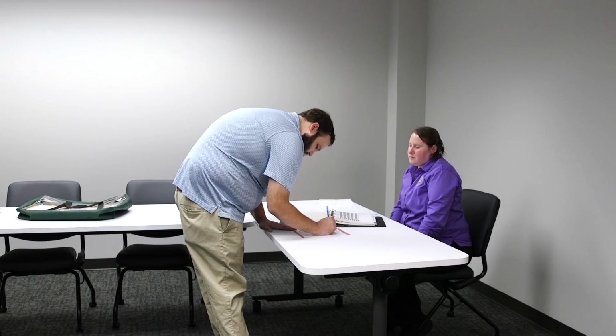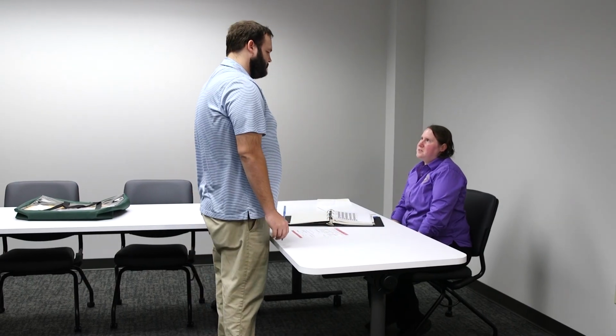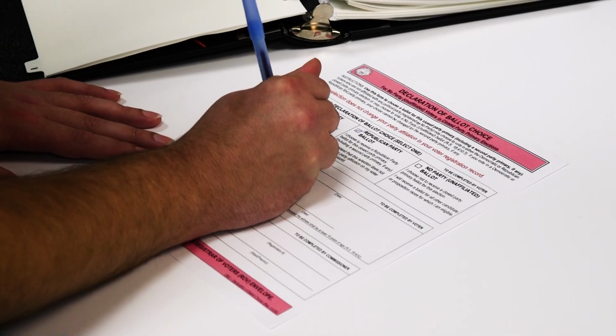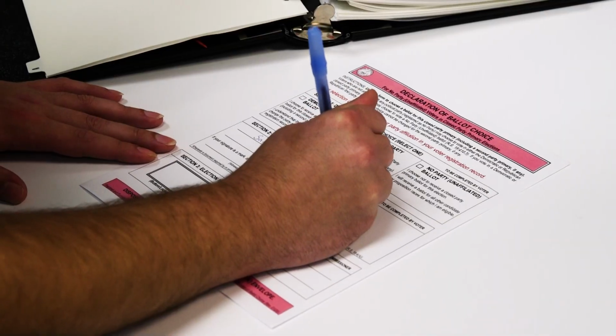The voter will have to make his or her ballot choice in Section 1 of the form. If the voter chooses to vote in a Democratic or Republican party primary, you must inform the voter that his or her choice cannot be changed for the party primary runoff, if there is a runoff. Next, you will have the voter sign and date the form in Section 2.